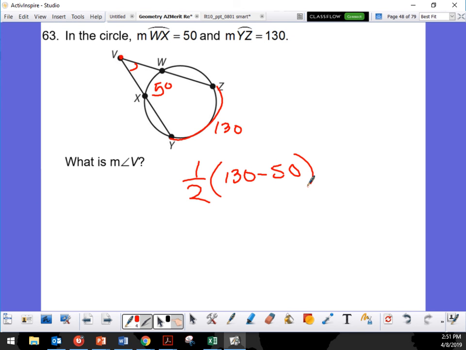If it's touching on the outside, it's always one half big minus small. I know you write down that math, right? We ended up getting 80 over here, half of that. So the measure of angle V is 40 degrees.